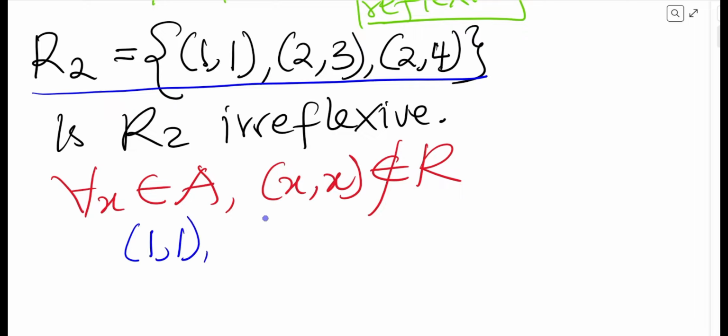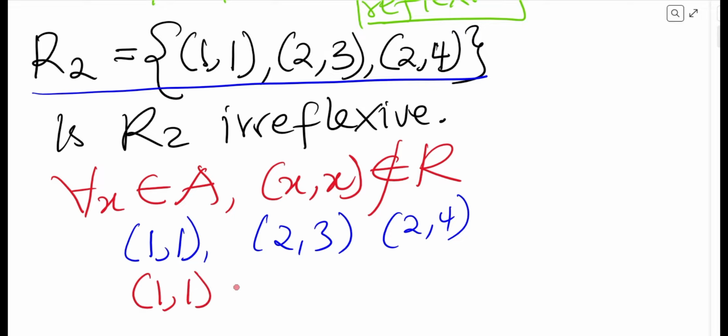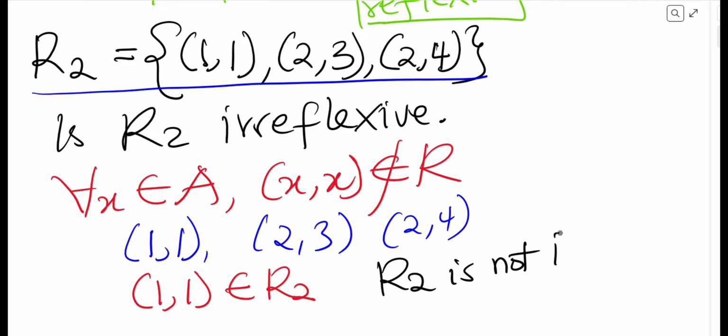We have 2 related to 3. And we have 2 relating to 4. So we shouldn't see any of these elements relating to itself. However, it turns out that 1 related to 1 is in R2, which confirms the fact that R2 is not irreflexive, and it doesn't automatically guarantee that R2 is reflexive. You need to check the conditions before you conclude.